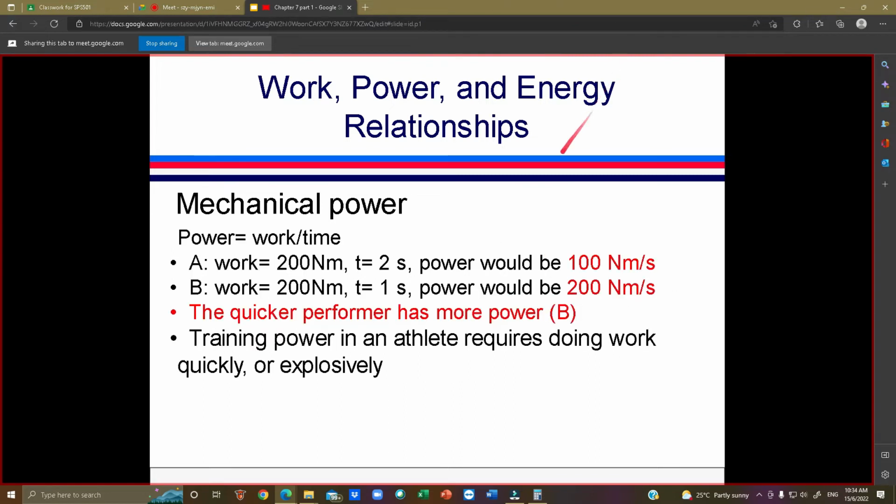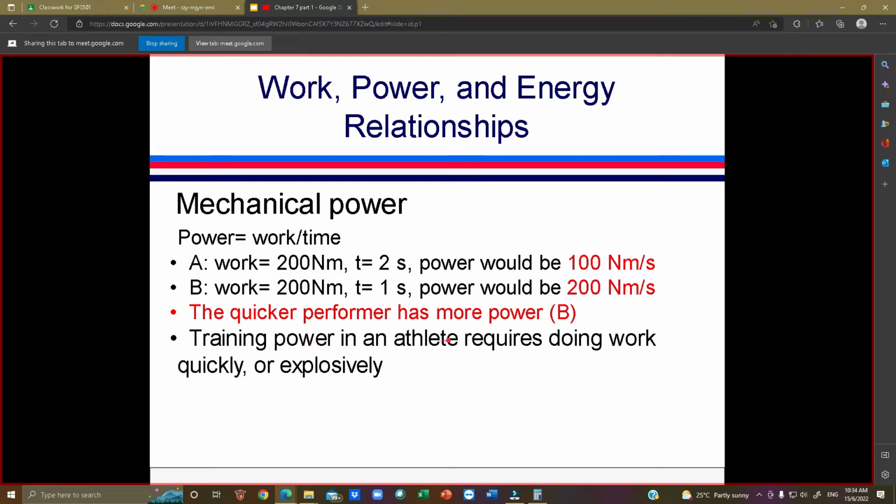Okay, itu ialah mechanical power. Contoh macam ni buat kerja 200 Newton, ambil 2 saat. So the power will be 100 Newton meter per second or joules per second or watt. But if you do the same work in lesser time, you are going to be powerful. The quicker performer has more power compared to the other one.